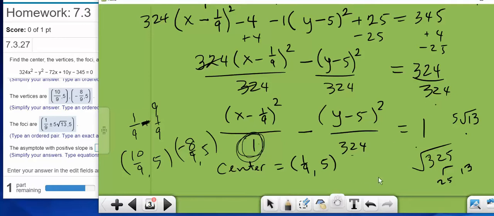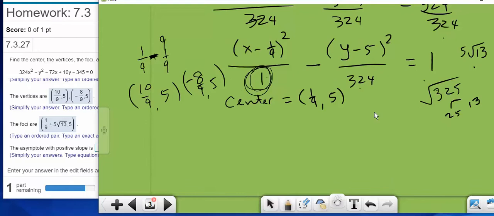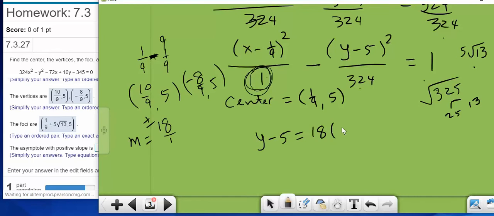So need a little more room here. So remember, the asymptotes will be change of y for the slope. M equals change of y, so square root of that was 18. Change of x is 1, so m is 18. We do plus minus, so it'll be y minus y1 equals 18 times x minus x1. Okay, and then plus minus. So let's put it in, well, I guess we can put it in slope-intercept form. So distribute the 18. 18 divided by 9 is 2.